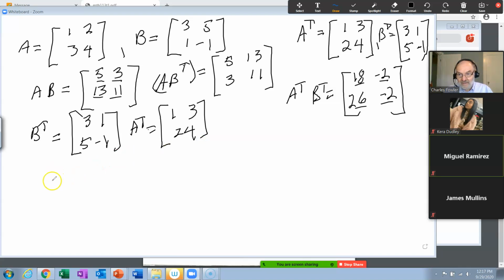And I hope it's pretty obvious that B transpose A transpose will also be a 2 by 2 matrix. Let's see what the entries are. First row, first column, that's 3 plus 2 is 5. First row, second column, 9 plus 4 is 13.